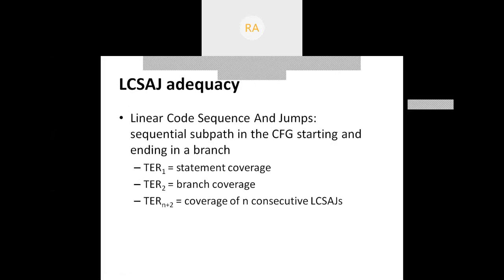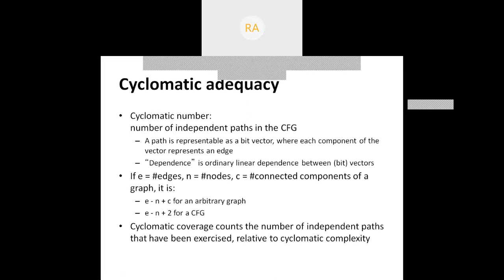Okay, this is with respect to linear code sequence and jumps. Just a few minutes back I was talking about cyclomatic complexity, which was there in path testing. Basis path testing makes use of the computation of cyclomatic adequacy or cyclomatic complexity.